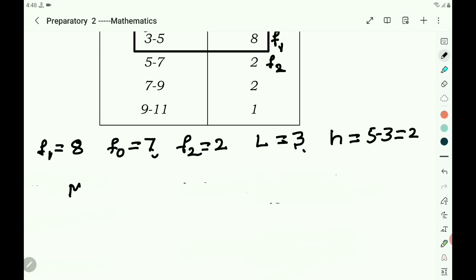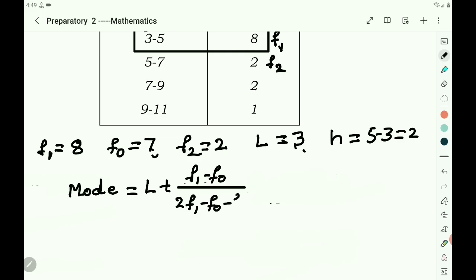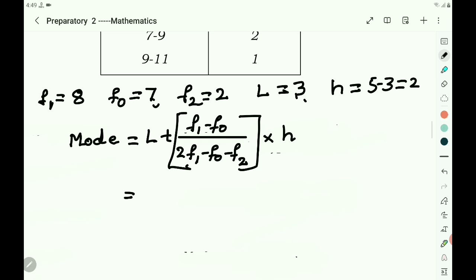Now you write the formula. Mode is equal to L plus F1 minus F0 by 2F1 minus F0 minus F2, into H, equals L is 3 plus F1 minus F0.